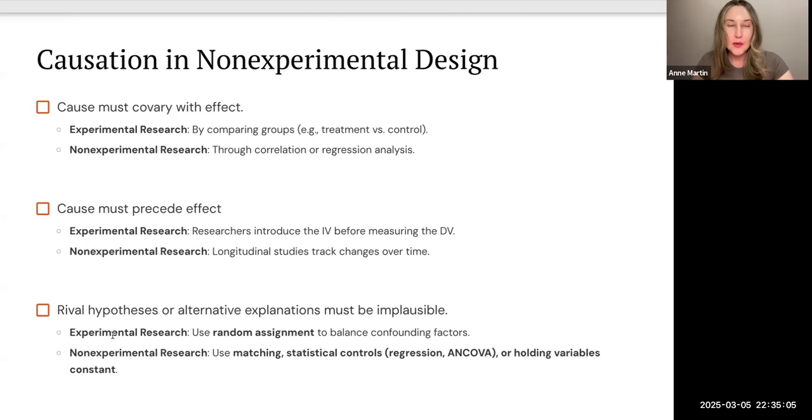And in non-experimental research, it's also important that controls are built into the design to make sure that researchers are controlling for potentially confounding variables. So similar to some of the other controls we talked about in non-experimental design, oftentimes researchers use matching or statistical controls, a regression if it's quantitative variables, ANCOVA if it is qualitative or categorical variables, or even holding those extraneous variables constant.